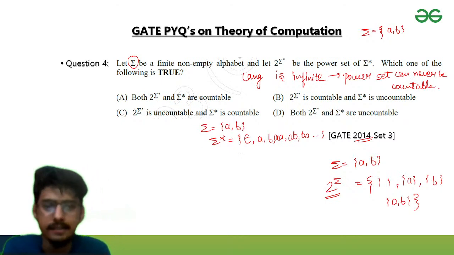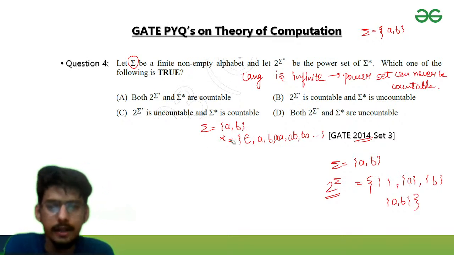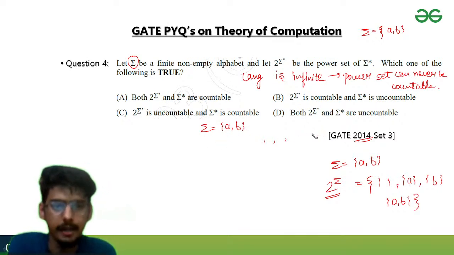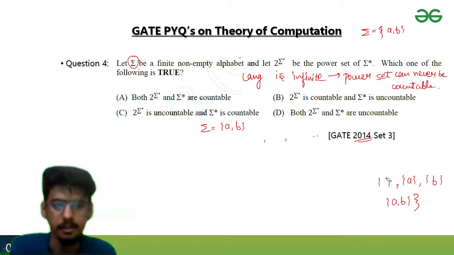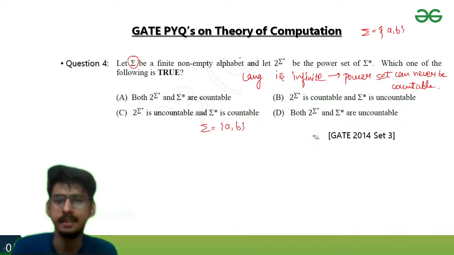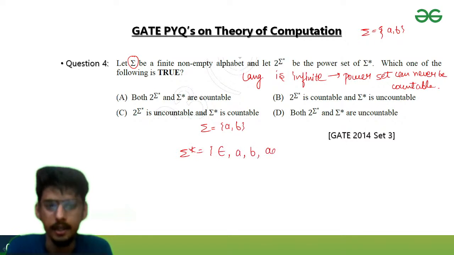Sigma star equals all the possible strings over a comma b. Let me write it again. I hope the concept of power set is clear. If I have a set S, then the power set of S will have all the subsets of S. Now sigma star is equal to epsilon, or a, or b, or ab, and so on.